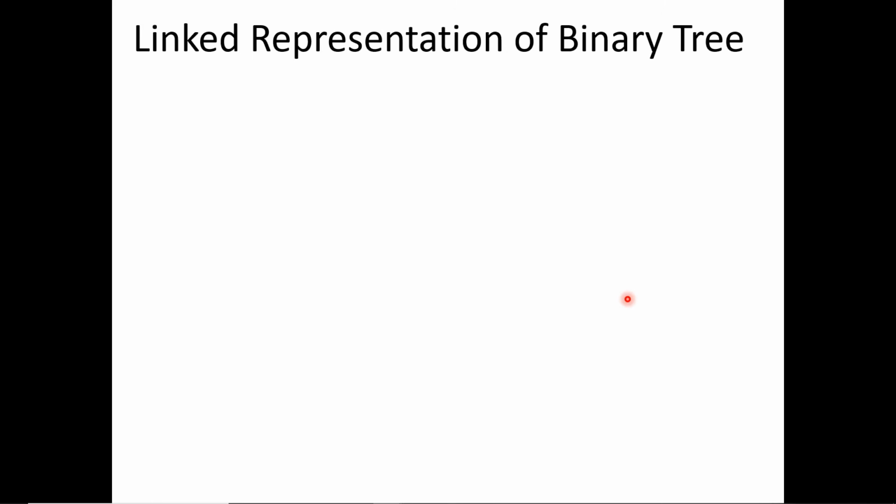Now link representation of binary tree. For this we have a typical node that has three parts. First is left pointer, second is data, and third is right pointer. So this typical node has three parts.